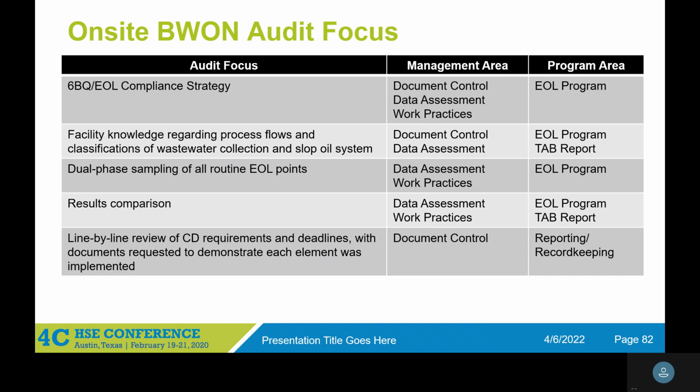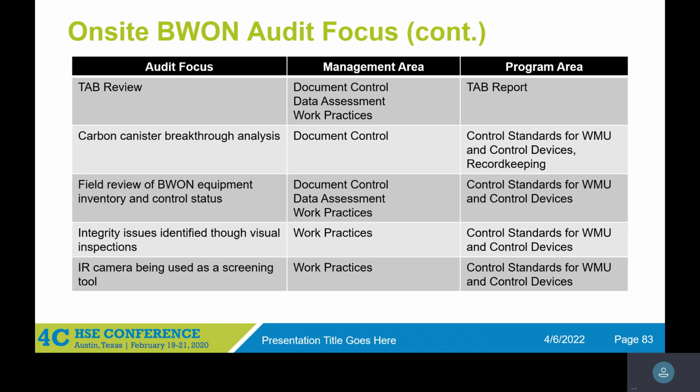They will do a comparison and they will review your consent decree or the rule requirements one by one. That's really where the focus is. They tend to focus a lot on the carbon canisters, and on integrity issues. So they will also bring an IR camera.